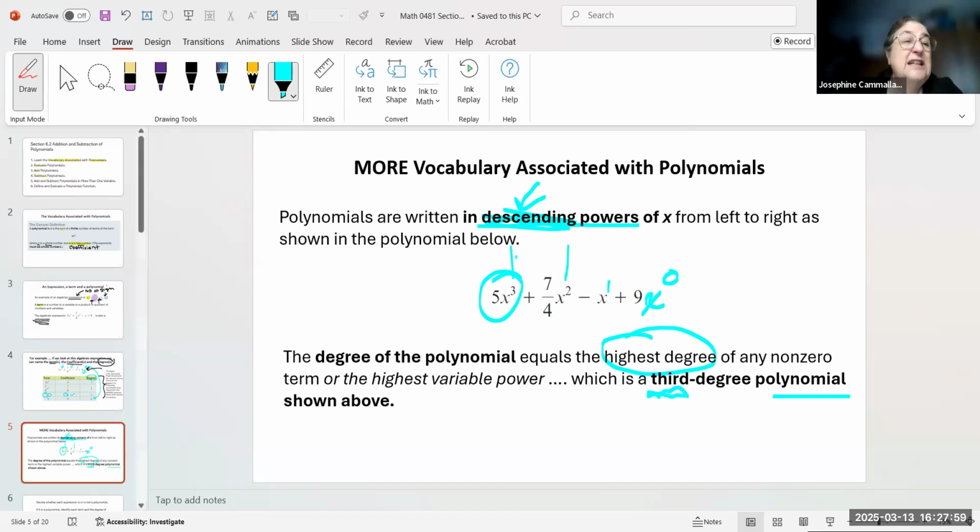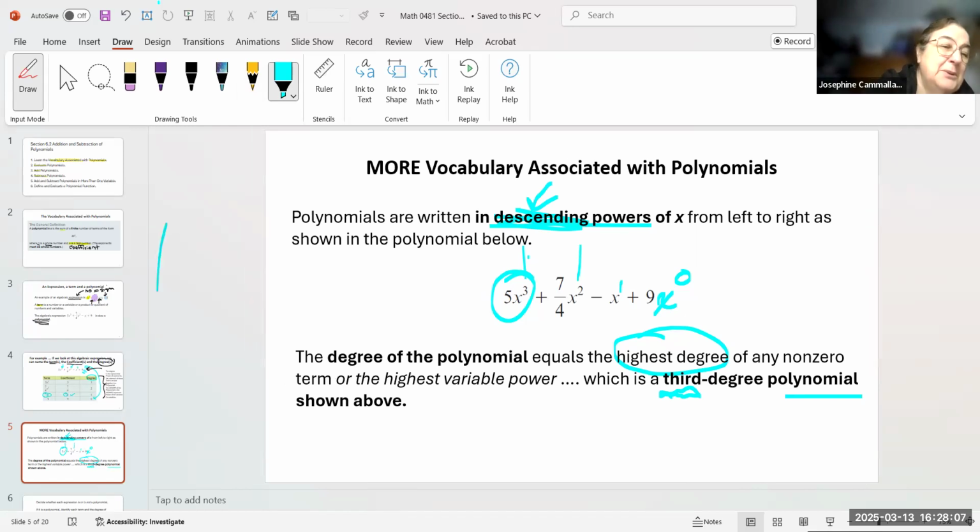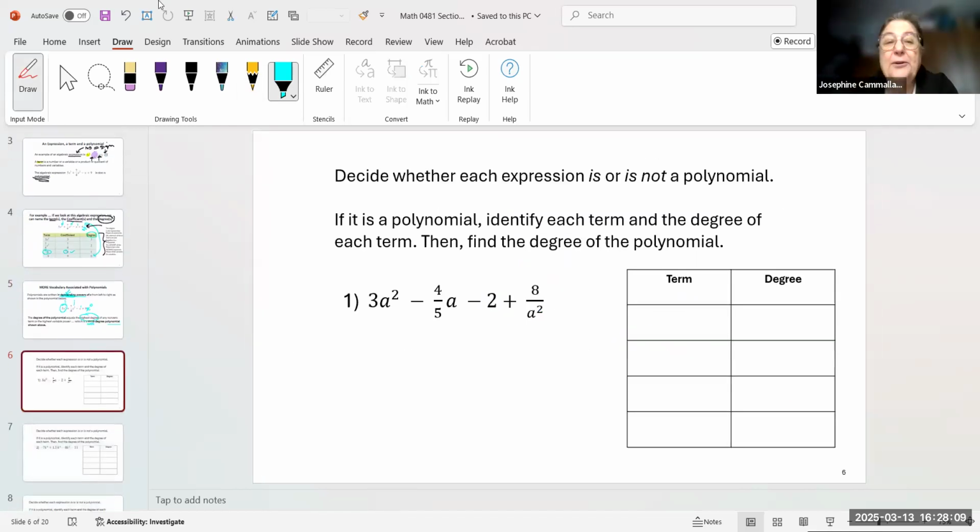Now, let's take a look. Let's go right here. Okay, we have our own problem right here. Okay, it says determine whether the expression is or is not a polynomial.